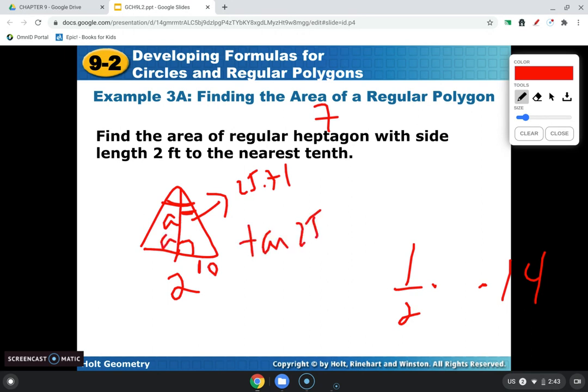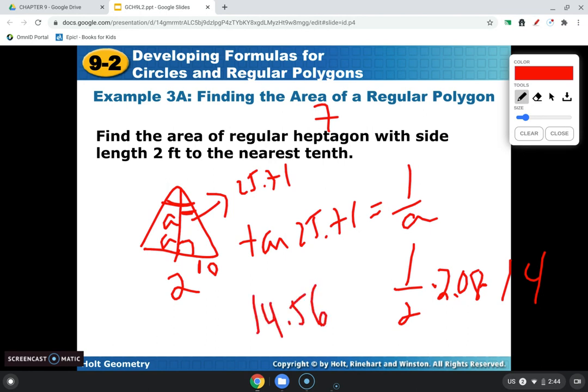So tan 25.71 equals 1 over A. A is on the bottom, so we take 1 divided by the tangent of 25.71, which gives me an apothem of 2.08. So now I can do half times 2.08 times 14, which gives you an area of roughly 14.56 feet squared.